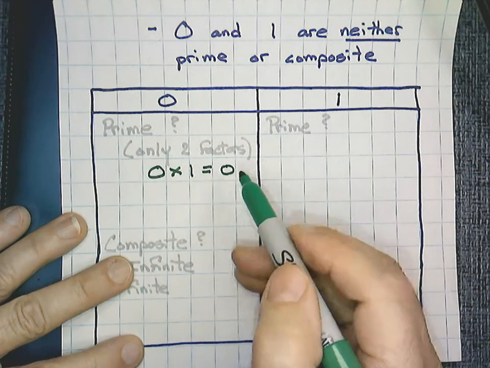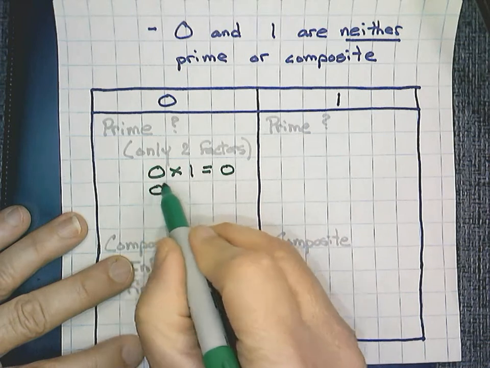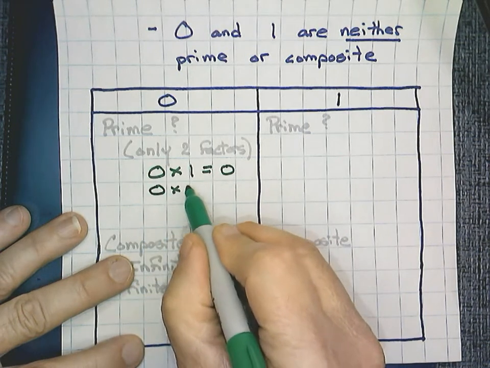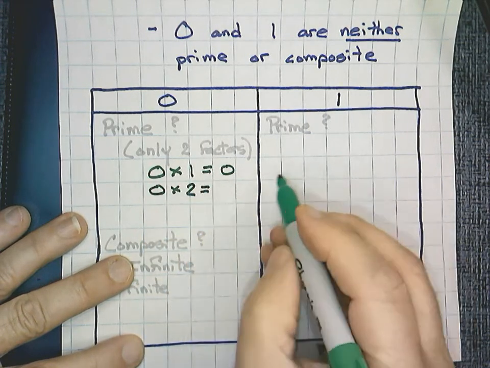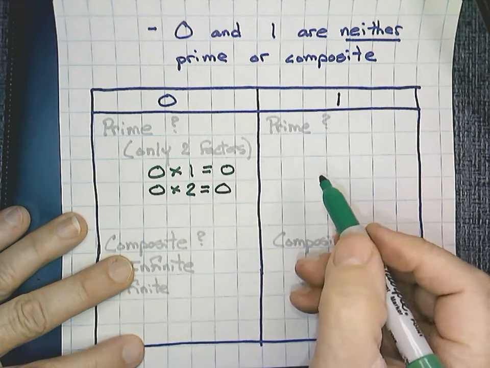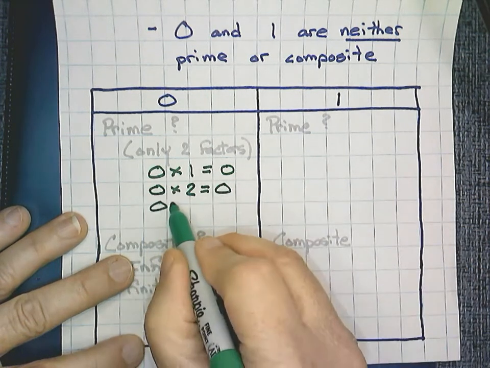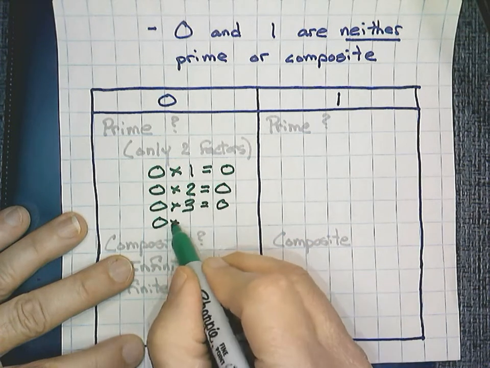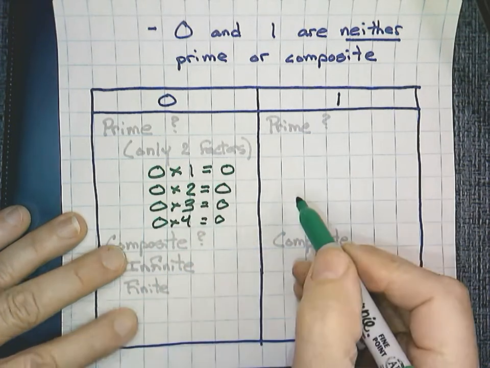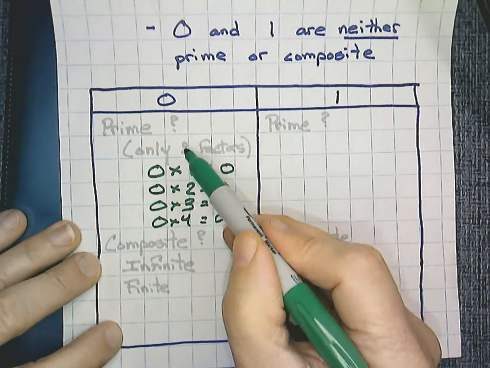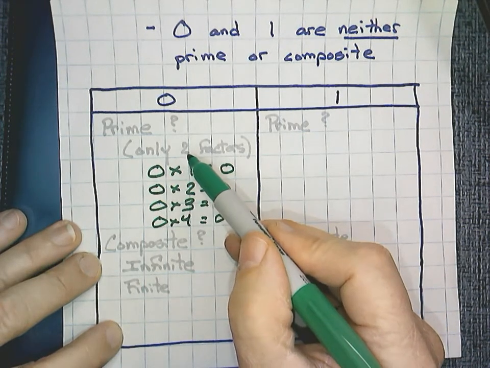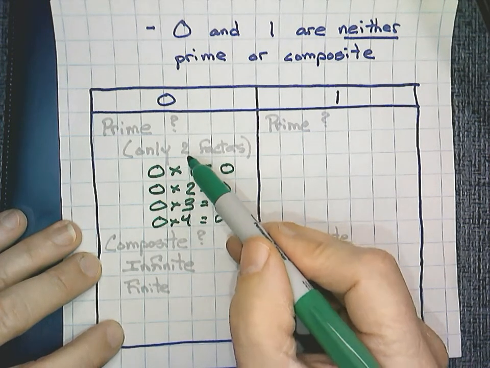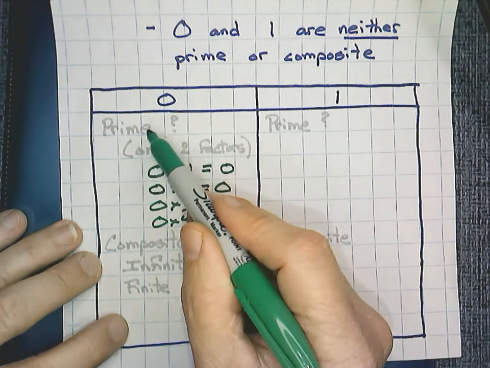Here's the problem with that. I could also say that 0 times 2 equals 0. And really, 0 times 3 equals 0. And I could really keep going. In fact, I could go on forever. So that would be a lot more than 2 factors. So 0 is not prime.